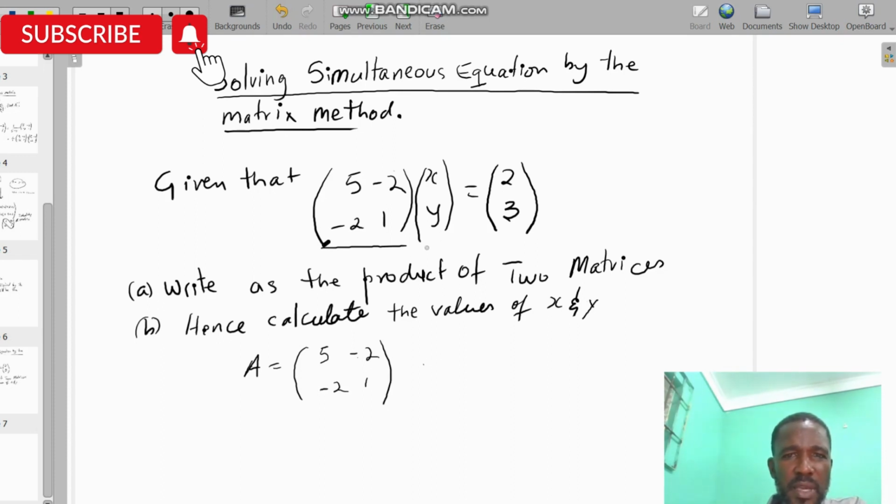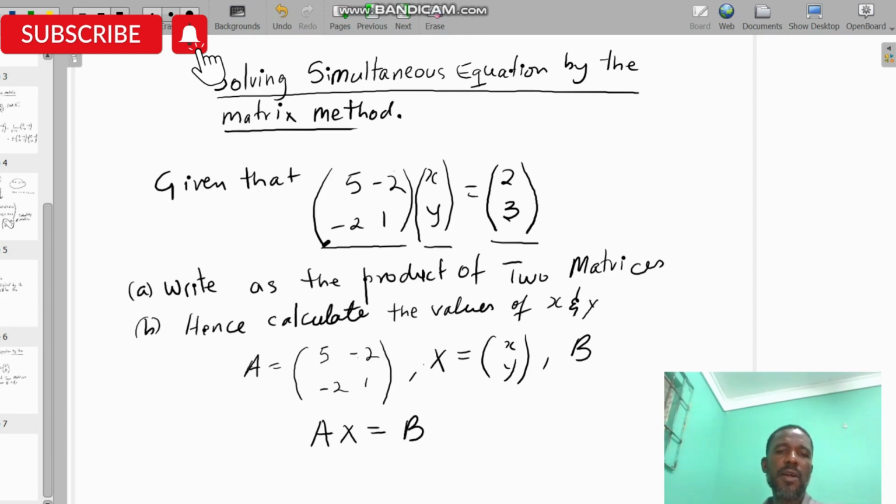And this other matrix we're going to call matrix X, capital X, is equal to x, y. And this third matrix we're going to call matrix B. Therefore AX is equal to B. So when I multiply matrix A times matrix X, it's equal to B.